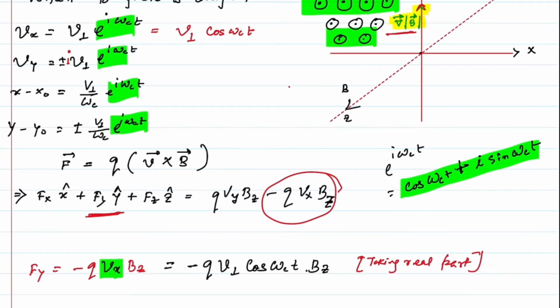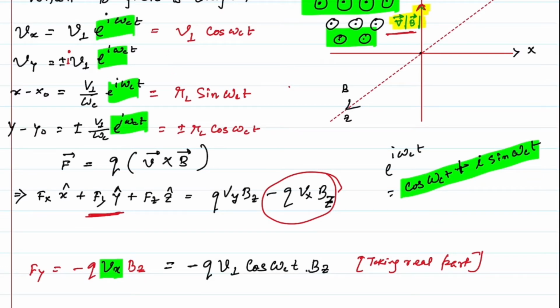So now here you see, this one will be equal to Larmor radius r sin omega_c t, and this one will be equal to minus plus r_L cos omega_c t. Okay, so we don't need this. Or if you want, you can write this.